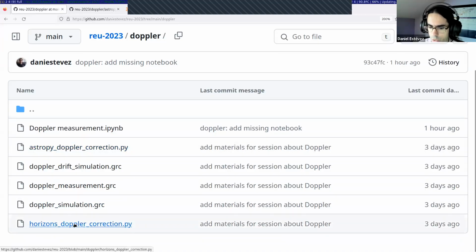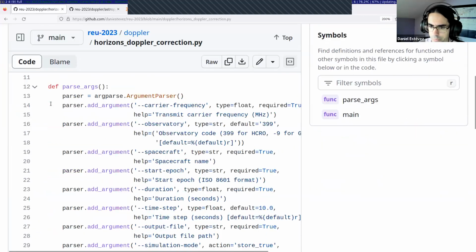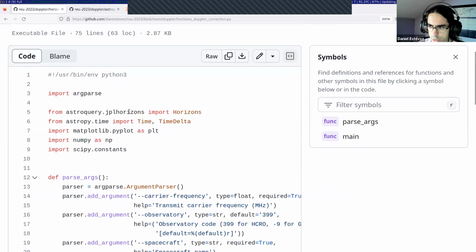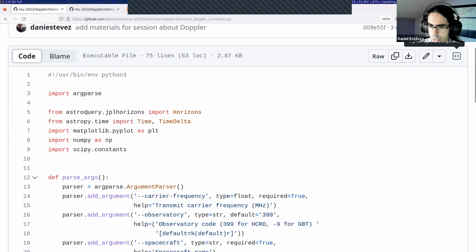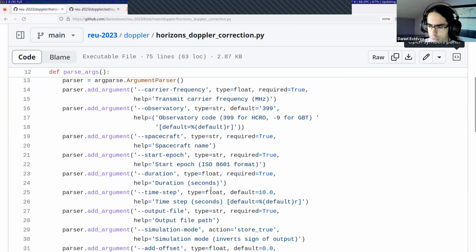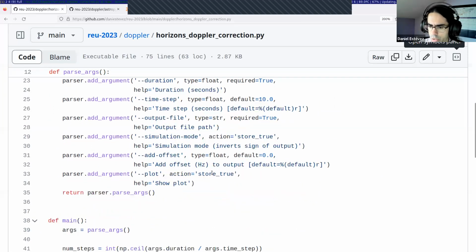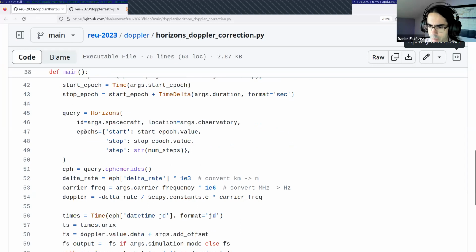So I have this Horizons Doppler correction script, and it uses AstroQuery JPL Horizons. And this is quite similar to the previous script, which was using AstroPy. The main difference is instead of using AstroPy, we use Horizons. We indicate here the name of the spacecraft.